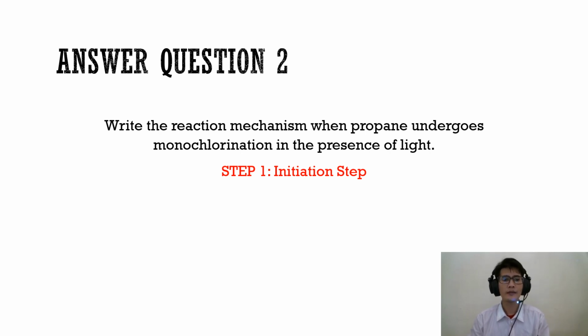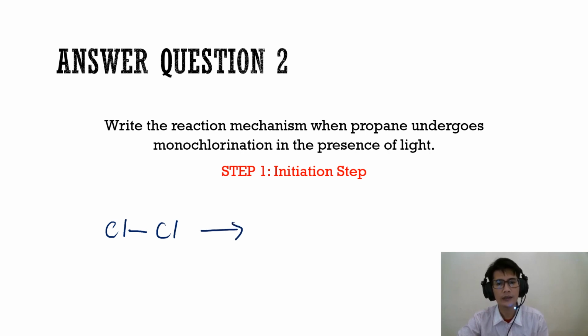Step number 1 is the homolytic cleavage of the halogen. Homolytic cleavage means you have the chlorine molecule in the presence of light or heat. In this question, it is in the presence of light, so you write UV.